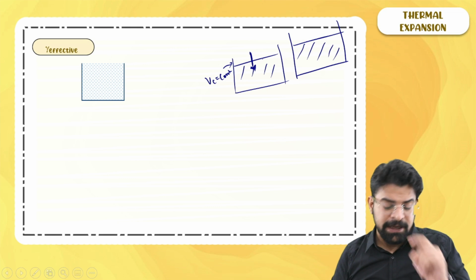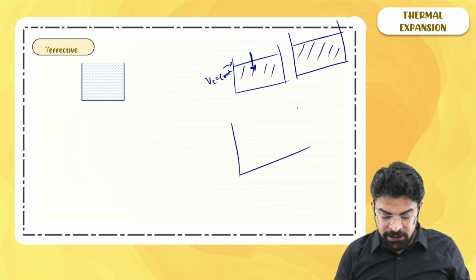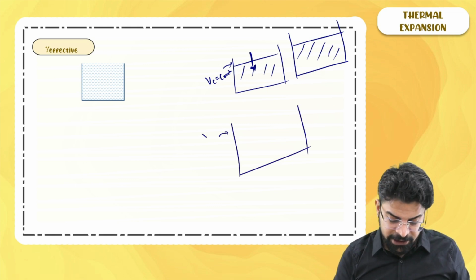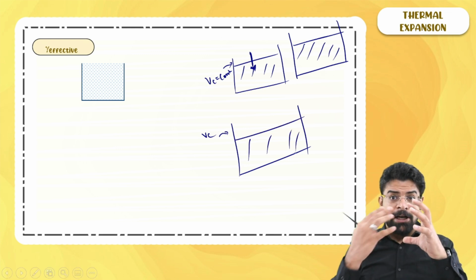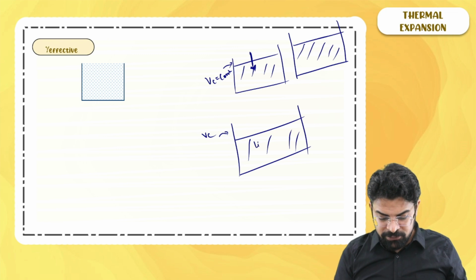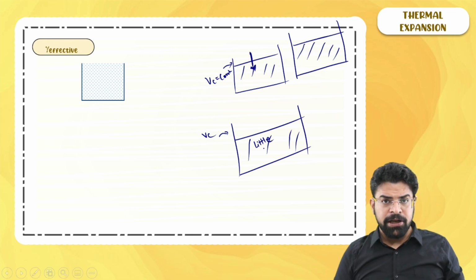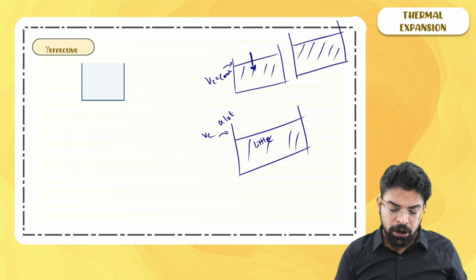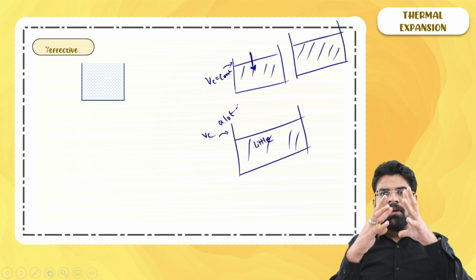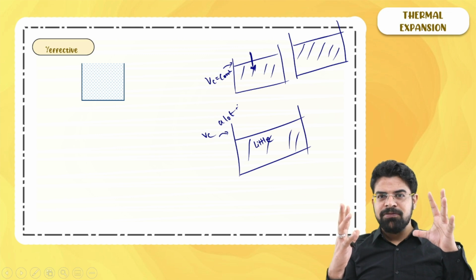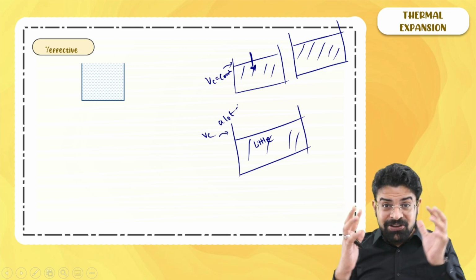Now think of the next case, where the container contains some fluid. The fluid expands, but only a little bit on heating, while the container expands a lot. Since the container expands more, it will appear as if the fluid is not expanding at all. It is shrinking, right?